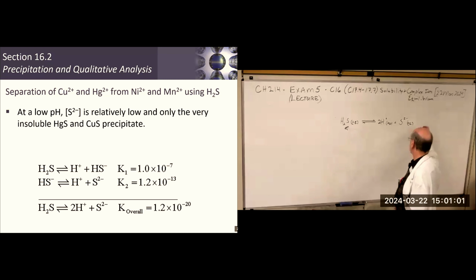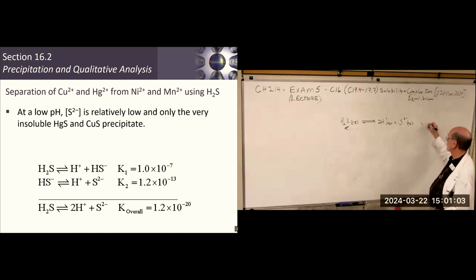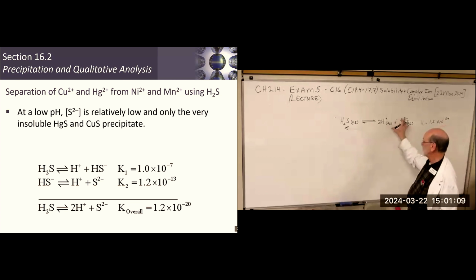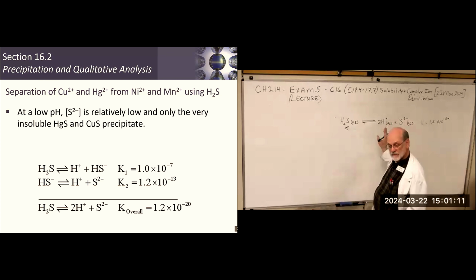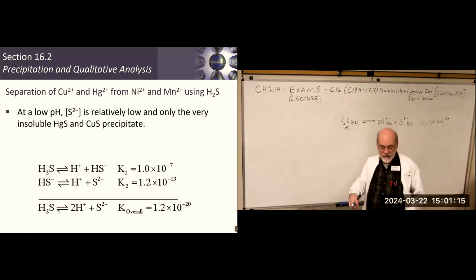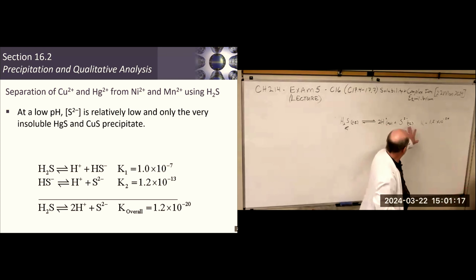And this K is 1.2 times 10 to the minus 20. Very low. Produces very little over here. So if you acidify it, then you're going to drive it back and make the concentration of sulfide ions very, very low.